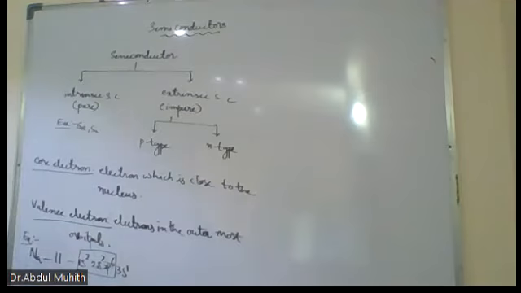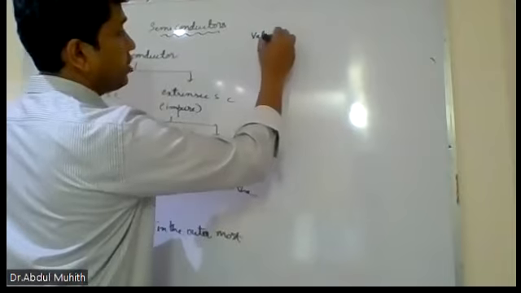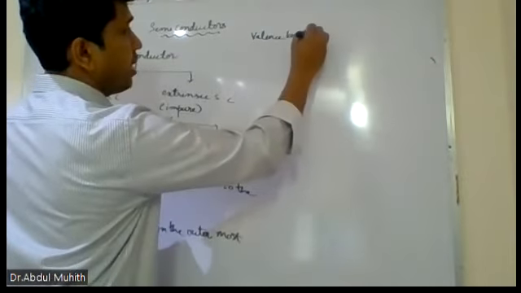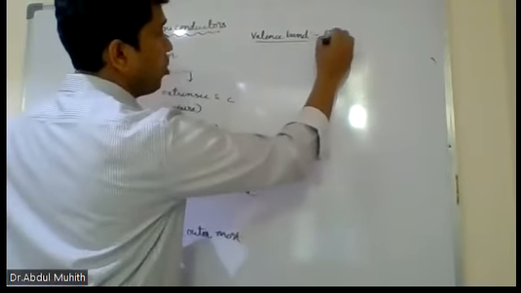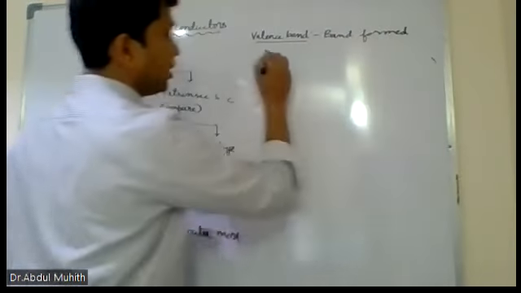Instead of saying a group of valence electrons, he said in simple words, band. So now he said valence band. Valence band means band formed due to valence electrons.